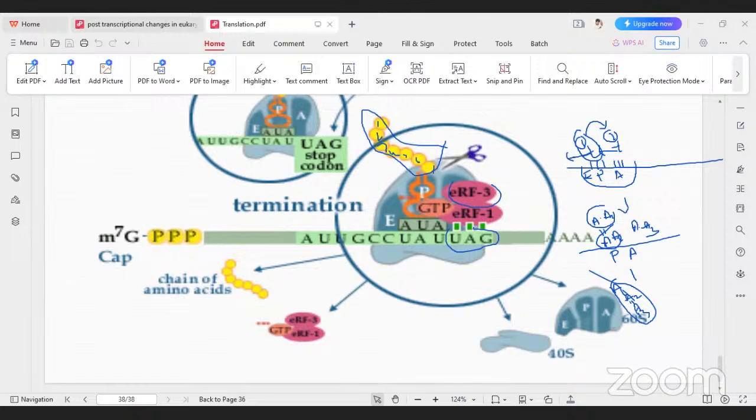It is not a requirement, but for clear understanding I will draw. Just wait. Amino acid, for example here.